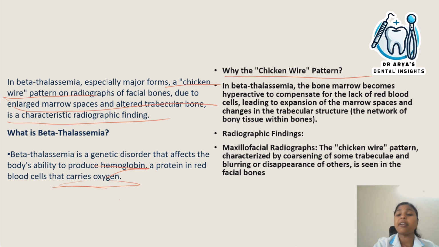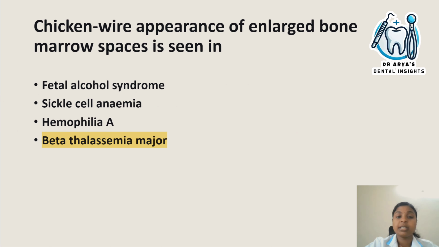And why this chicken wire pattern? Because the bone marrow becomes hyperactive to compensate for lack of red blood cells, leading to expansion of marrow spaces and changes in the trabecular structure. The chicken wire pattern, characterized by coarsening of some trabeculae and blurring or disappearance of others, is seen in the facial bones. So the chicken wire appearance of enlarged bone marrow spaces is seen in beta thalassemia major.